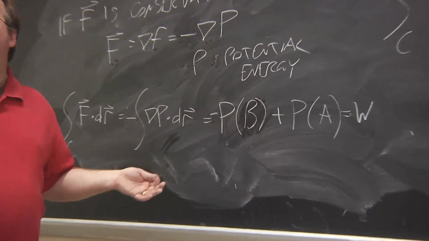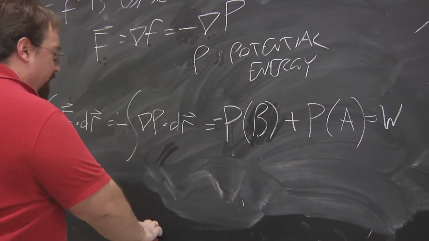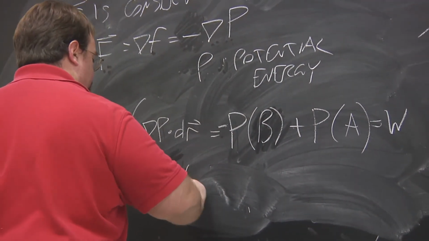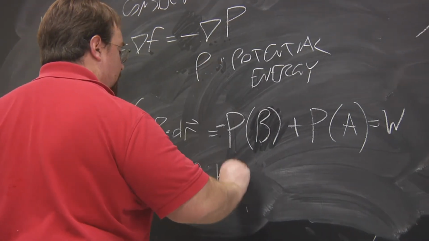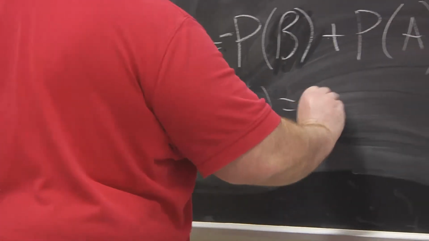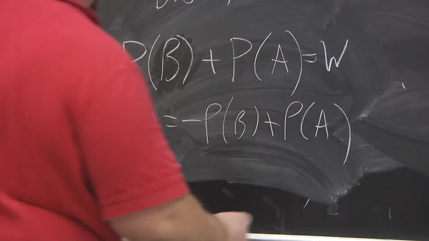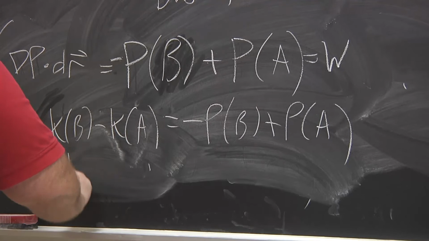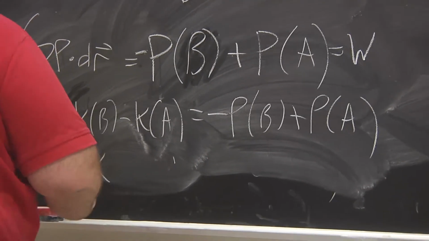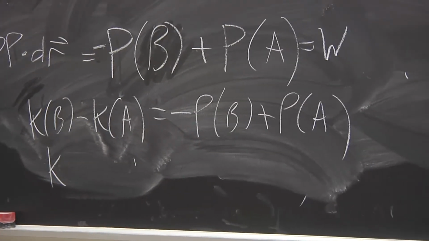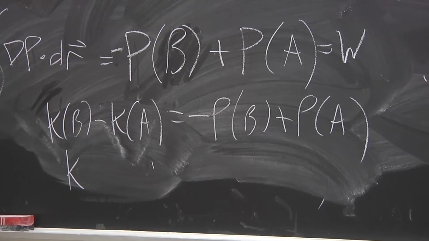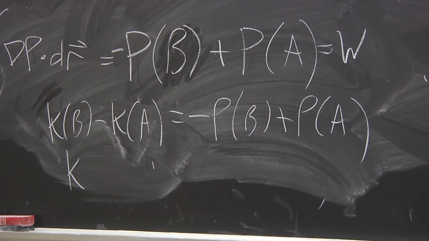So since they're both equal to the work, let's set them equal to each other. So now we have kinetic at B minus kinetic at A is equal to minus potential at B plus potential at A. Let's rearrange. Is it safe to say the work is negative from A to B done on the object? Well, it all depends on the vector field.